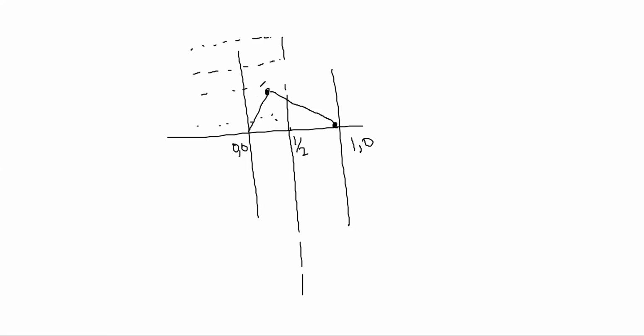Basically, the graph will be like this: this is 0, this is 1, and at the midpoint there is a perpendicular bisector at half. Everything to the left of this line is going to have lesser distance here than here. So this graph is the half plane to the left of x equals half.